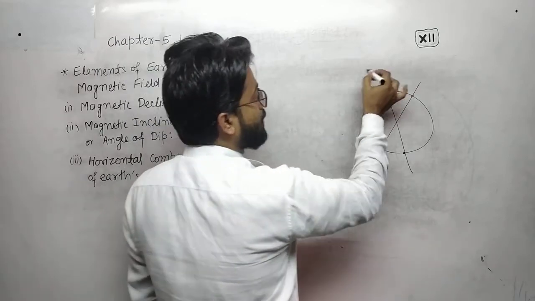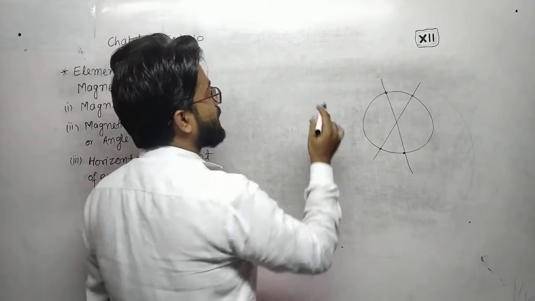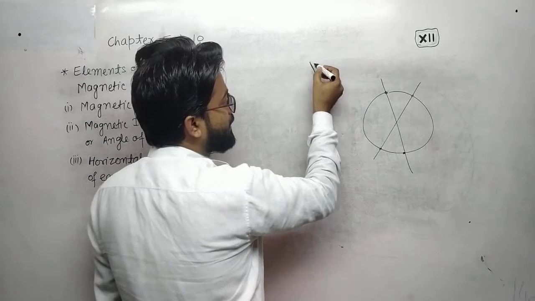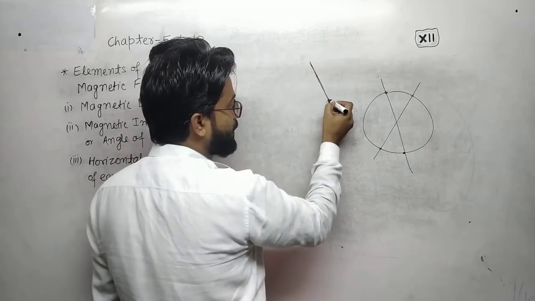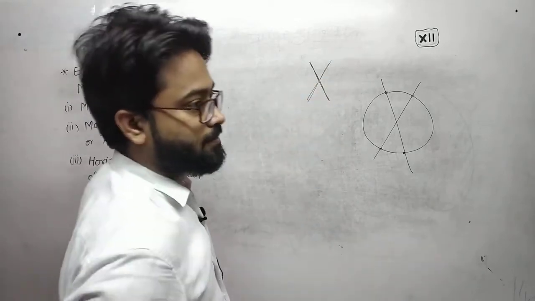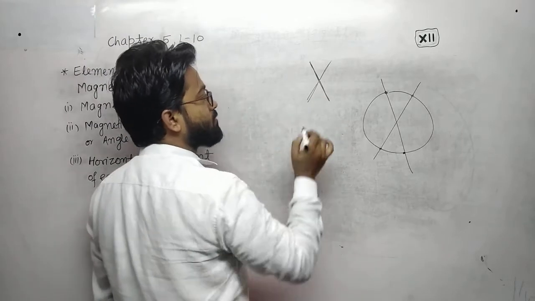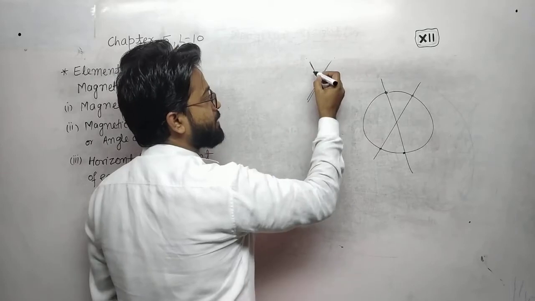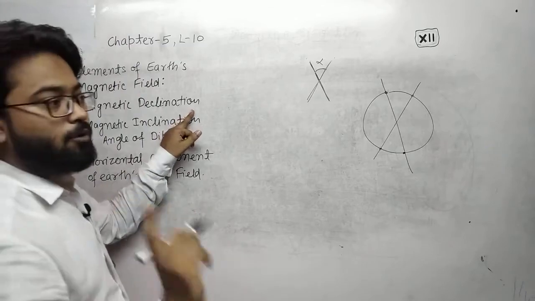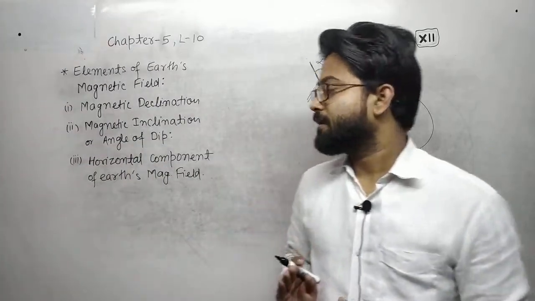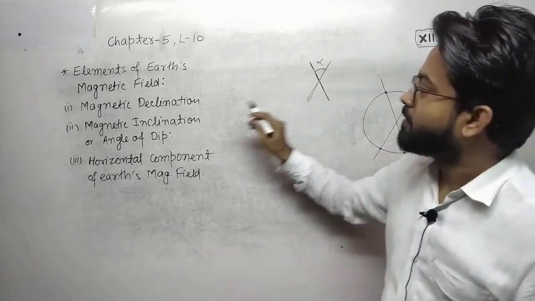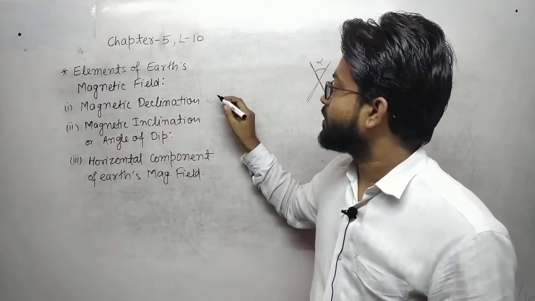But at any particular position on or above the earth, the angle between the magnetic meridian and the geographic meridian at that point is called the angle of declination. Simply, the angle between the magnetic meridian and geographic meridian at any place is called magnetic declination. Hope you are understanding.